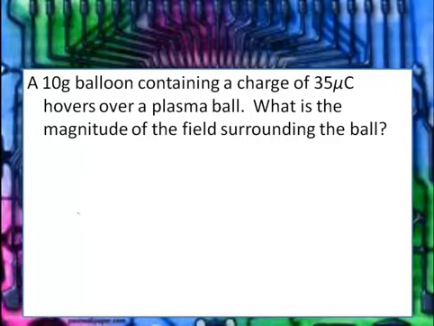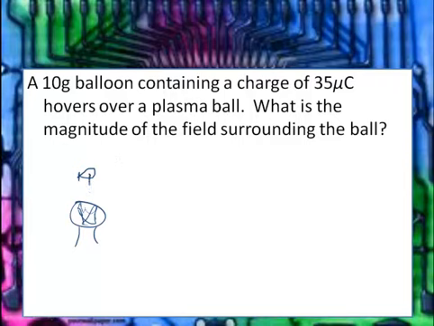So let's draw a quick picture. So here's my plasma ball with all the particles, and I don't even know what they're called, in front of them. And so here's a little balloon levitating on top of that. The forces that are acting on this balloon, there are two.